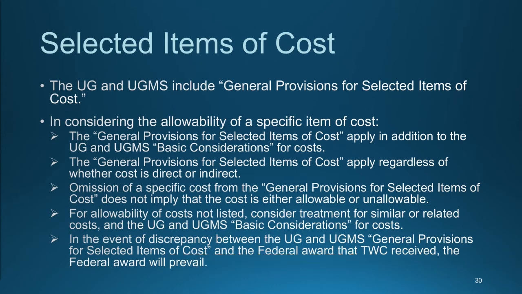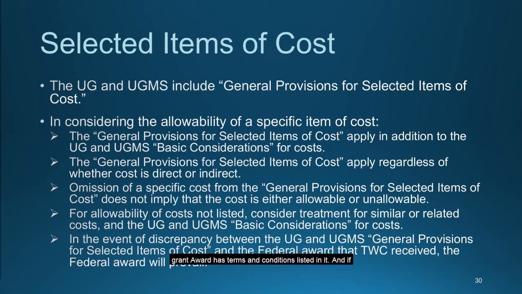cost or not. And then this last item, it's important to keep in mind as well: in the event of a discrepancy between the UG and UGMs and the federal award that TWC receives, the federal award will prevail. So what that's referring to is that we receive a federal award from the Department of Education, and within it has terms and conditions listed, just like your grant award has terms and conditions listed in it.